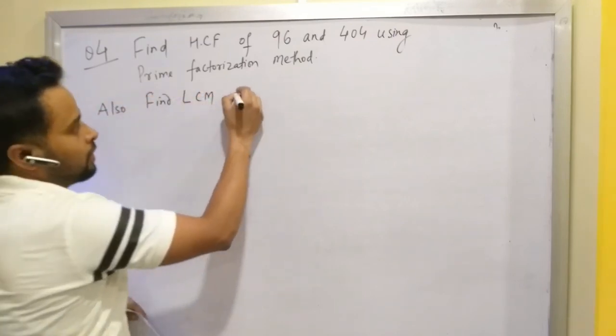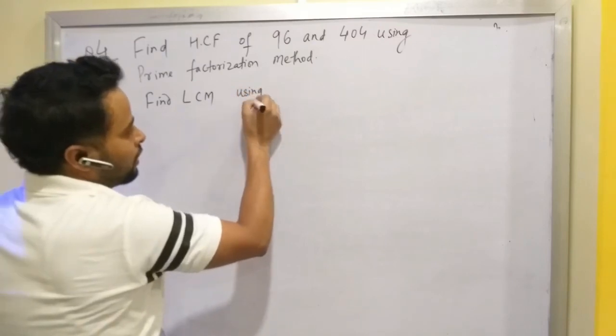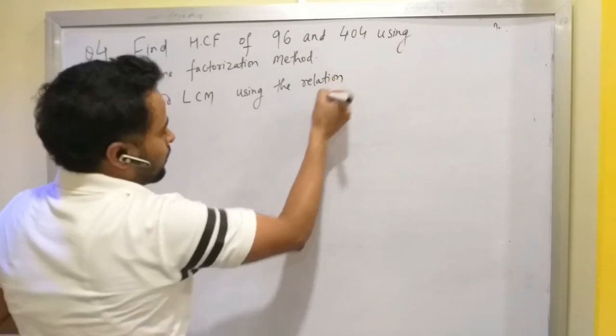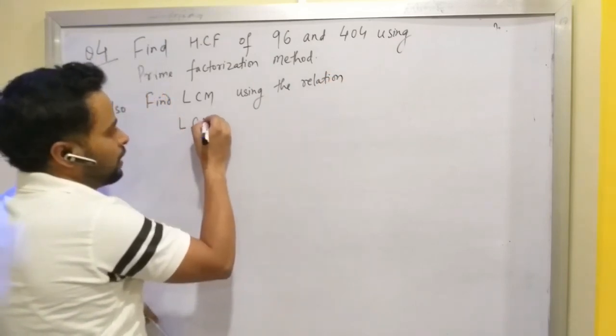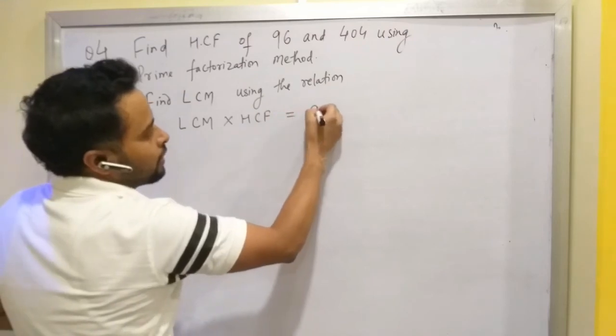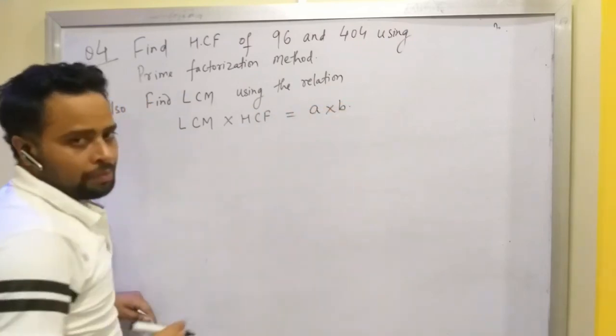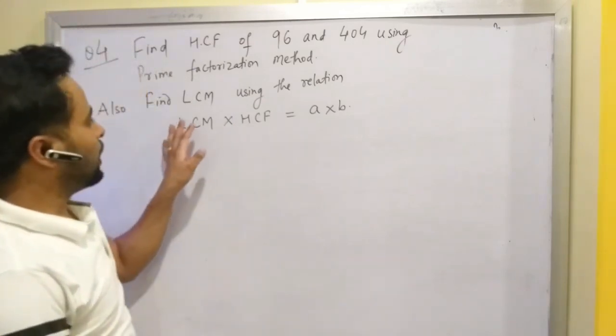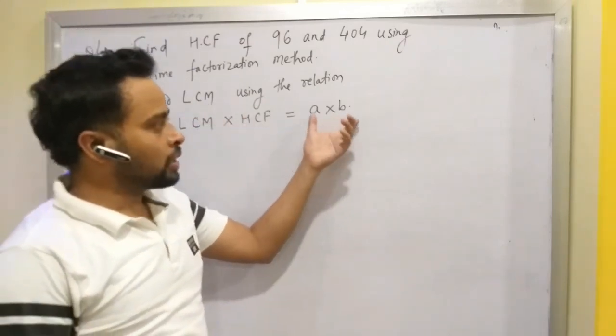Find LCM using the relation LCM into HCF equals to A into B. Remember, A and B are the two numbers. So LCM into HCF is the product of two numbers.